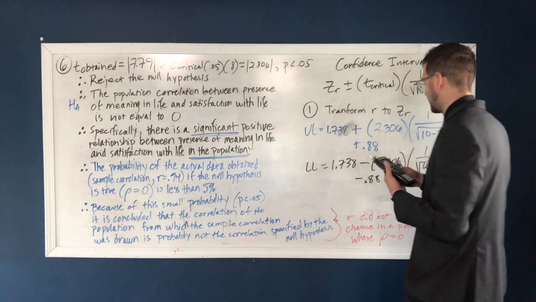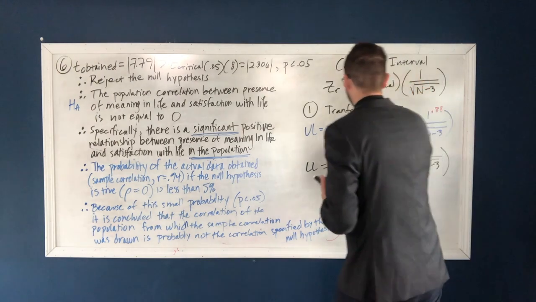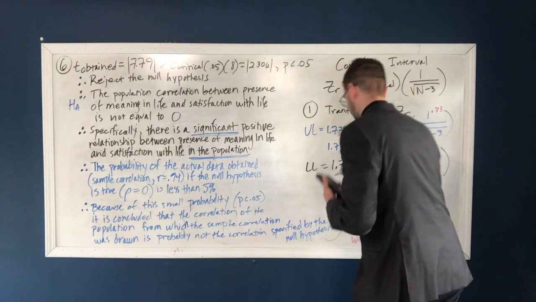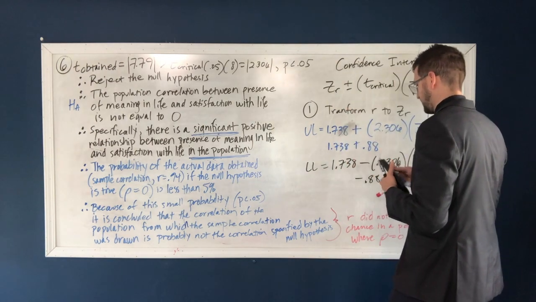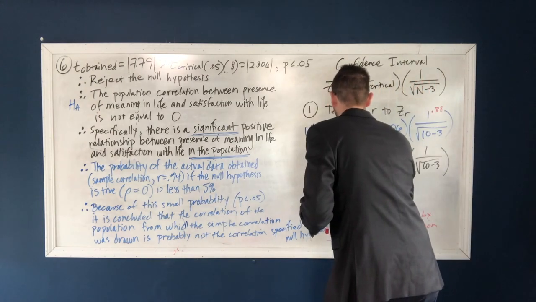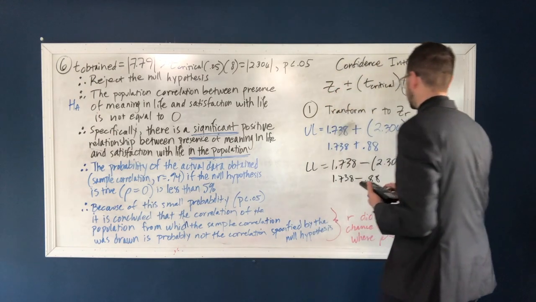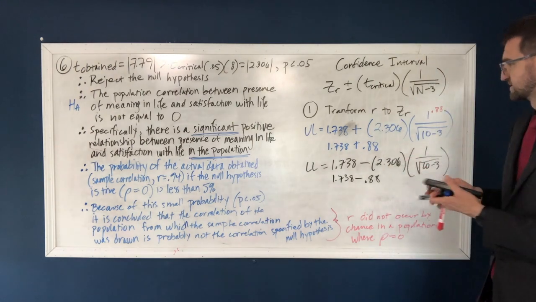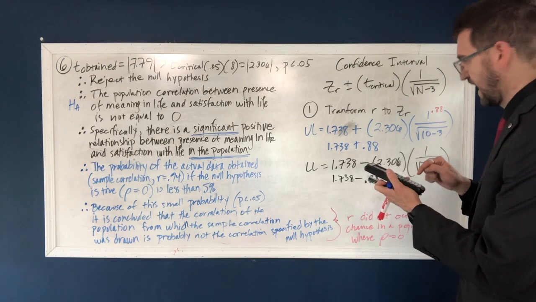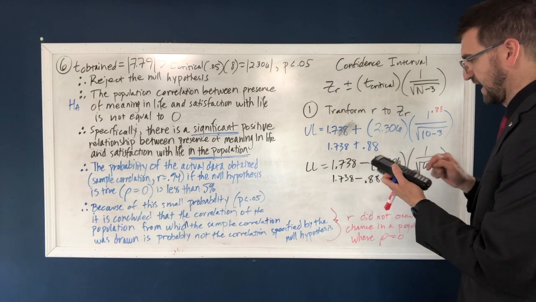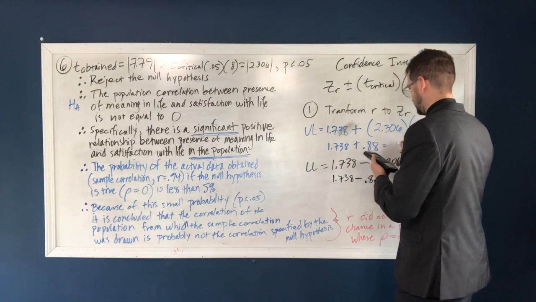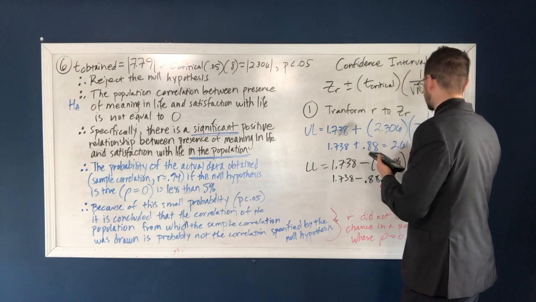So then here we have 1.738 plus 0.88, and here we have 1.738 minus 0.88. So let's do that. 1.738 plus 0.88 is going to give us 2.681.